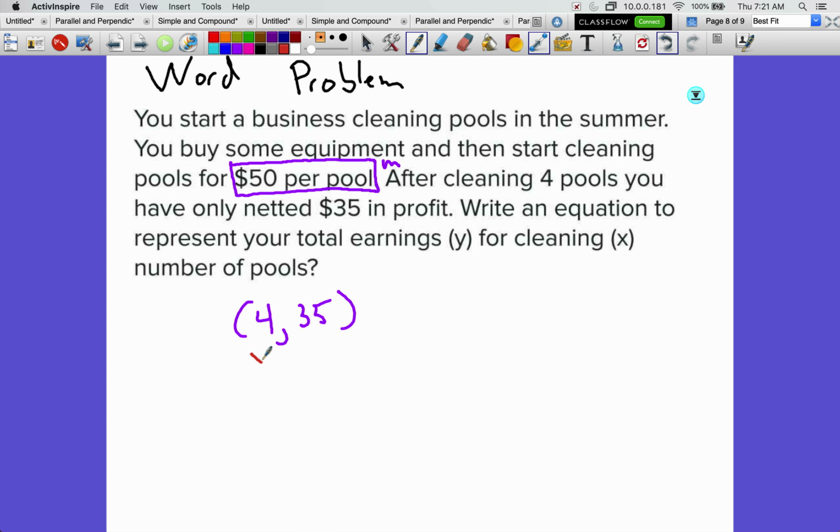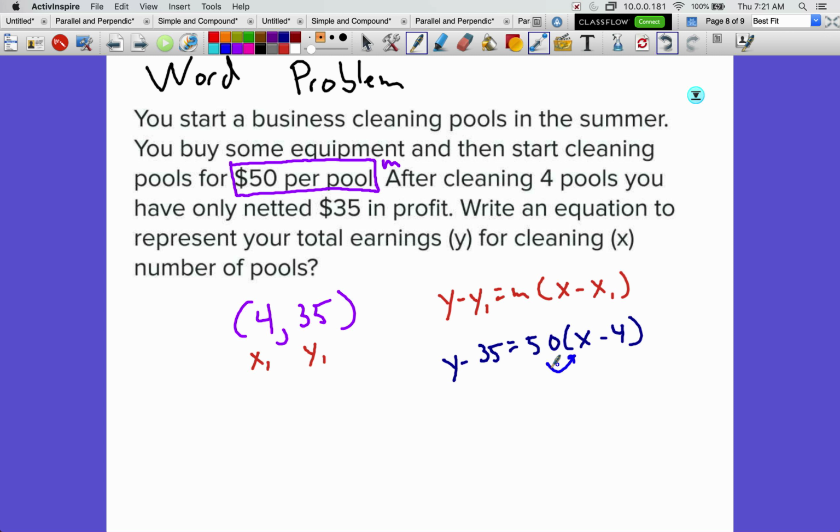All right, let's label this x1, y1, and then plug it in with the 50 into our formula. Y minus y1 equals m times x minus x1. And we get y minus 35 equals 50 times x minus 4. And let's get this into slope-intercept form.